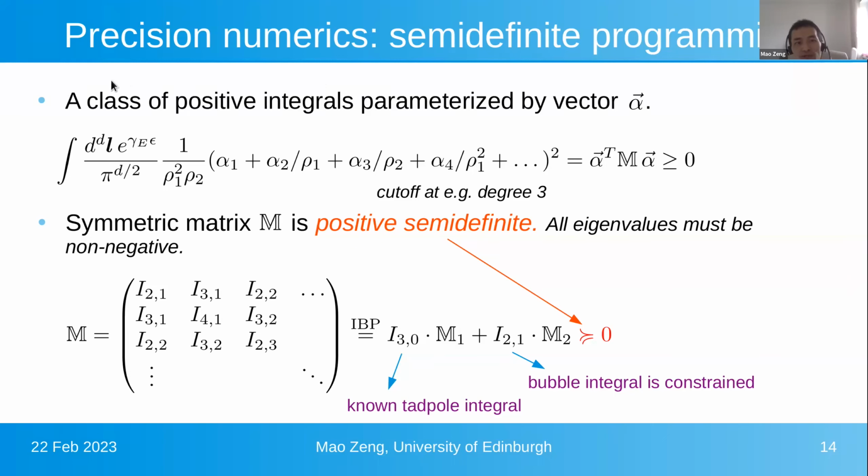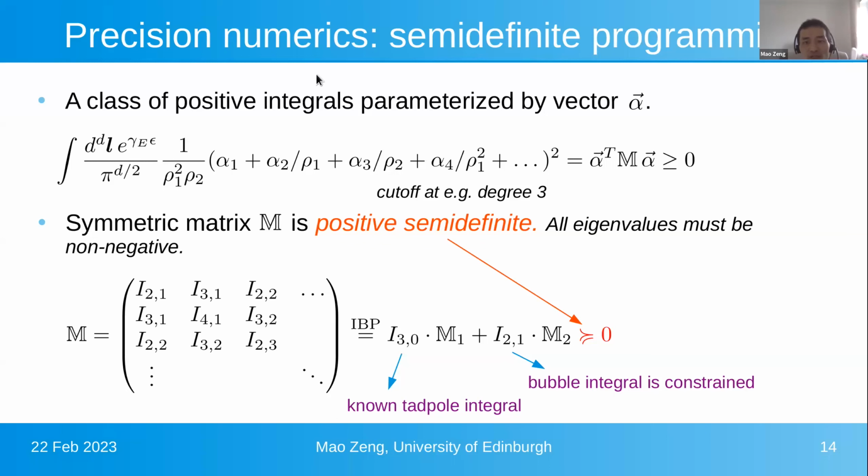And if you notice that this is a quadratic expression in my alpha i parameters, I can write the whole expression as a quadratic form: an alpha vector, which is a column vector of my alpha 1, alpha 2, alpha 3, and so on, the transposed row vector, and then a symmetric matrix sandwiched in between.